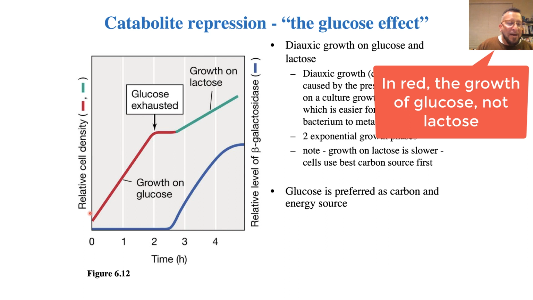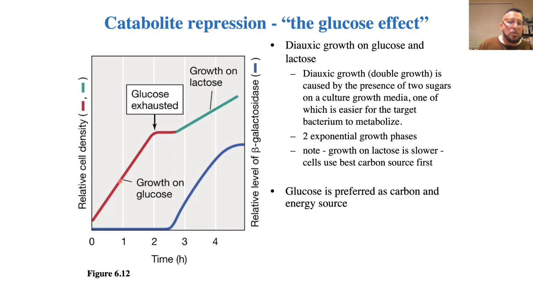In red, we have the growth on glucose, and you can see the cell density going up really quickly with a very steep slope. When glucose is exhausted, the growth enters a lag and doesn't change anymore. And then the cells begin to grow now utilizing lactose.